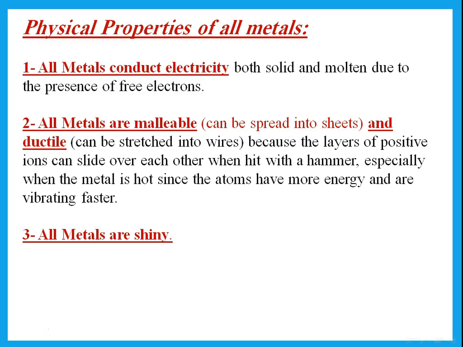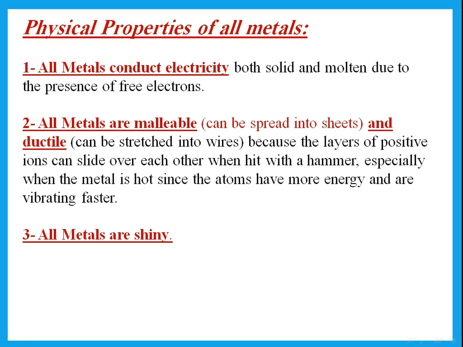So all metals conduct electricity, both as a solid and molten or liquid. This is because it has free moving electrons, the delocalized electrons, the electrons that are free to move. This allows metals to conduct electricity.